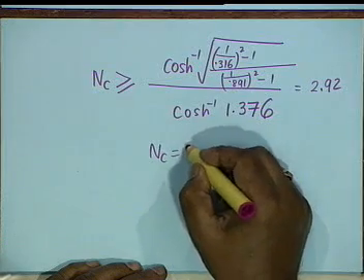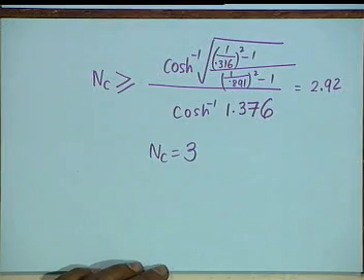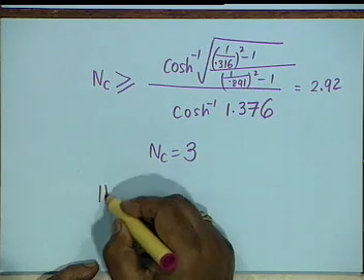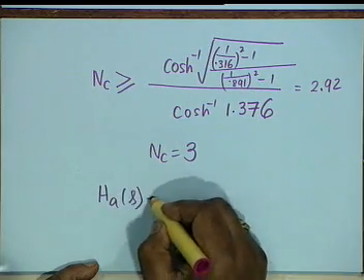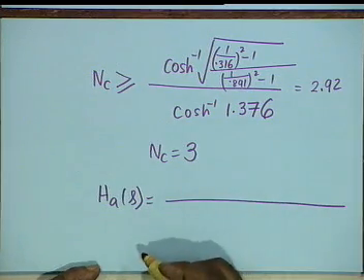So n sub c is 3, that is my choice, and once I have got n sub c equal to 3, I can write down the expression for H a of s.